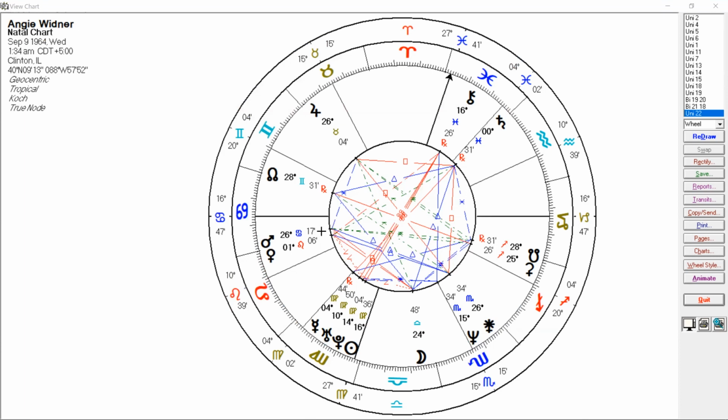Now, this means that she's going to be particularly affected personally by every Mars-Venus conjunction. Every time it happens in the sky, doesn't matter where, every time there's a conjunction or an opposition between Mars and Venus, something is going to be activated in her relationships.